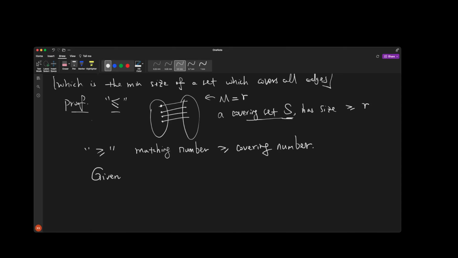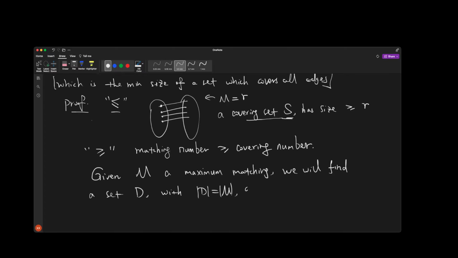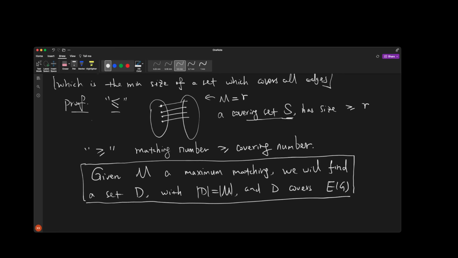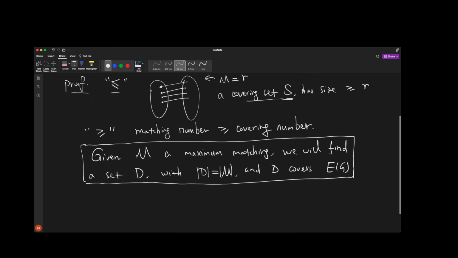Given M, which is a maximum matching, we will find a set, let's write D now, because in our proof we will find a set D with the same size as this matching, and D covers E of G. So every edge in E of G will have at least one end vertex belonging to D. This is the goal.